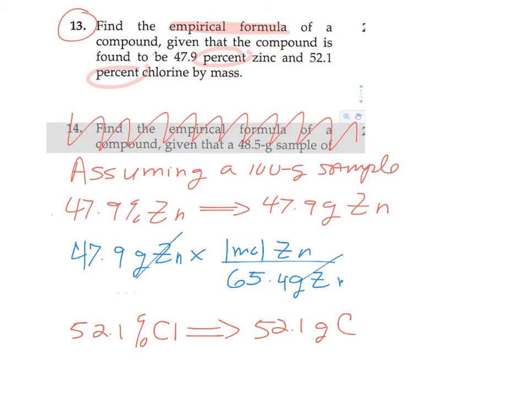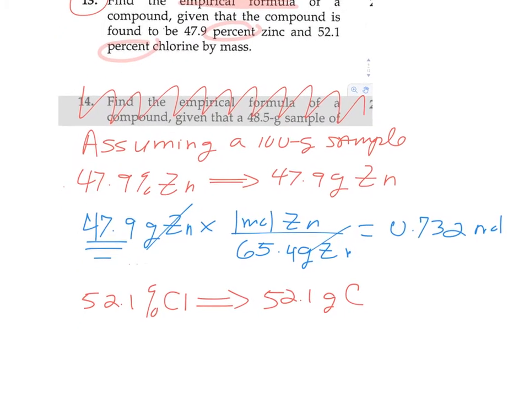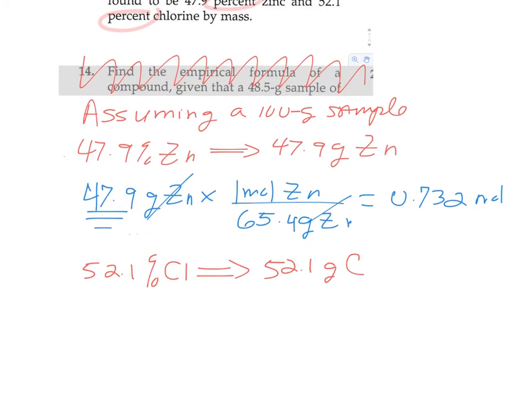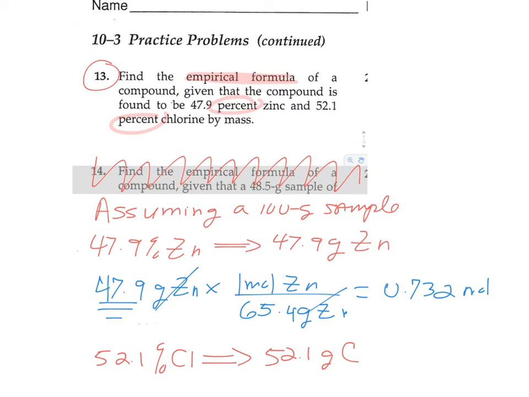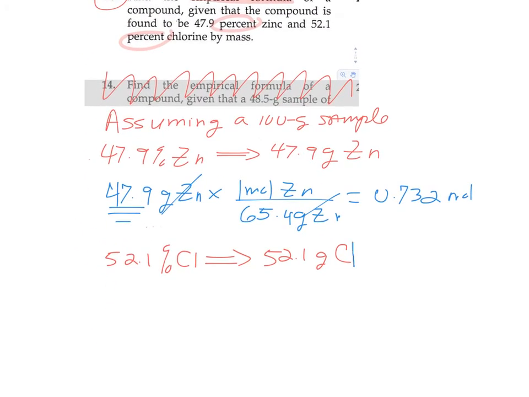Taking out my trusty calculator, I'm going to divide 47.9 by 65.4. The sig figs are going to be 3 sig figs because of the 47.9, which is the given. And I'm going to get 0.732 moles of zinc.